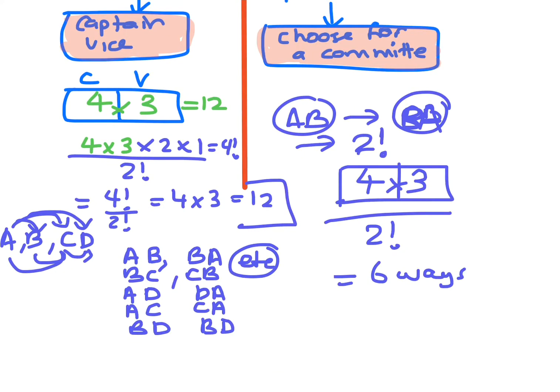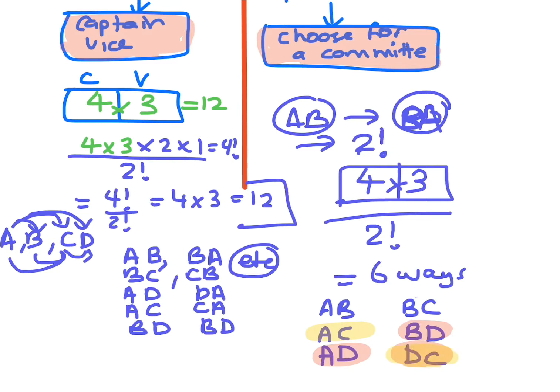There'll be 6 ways because you do A with B, A with C, A with D, they're different ways, and then let's do B, so B with C and B with D, and then you go D with C. Now, D's gone with every single one, so D goes with A, B, and C, that works, and has C gone with everyone? C's with A, C with D, and C with B, yeah, because there's 3 other letters.